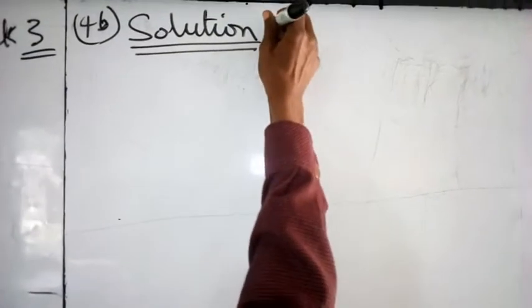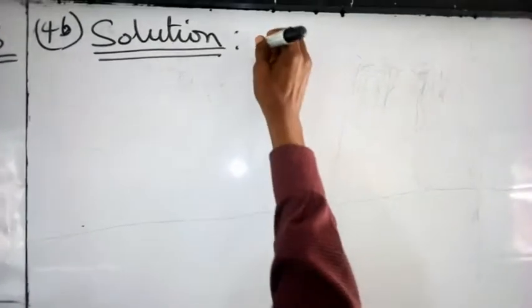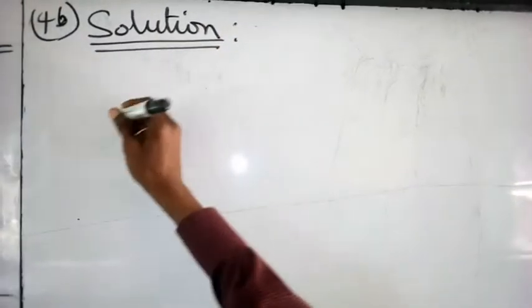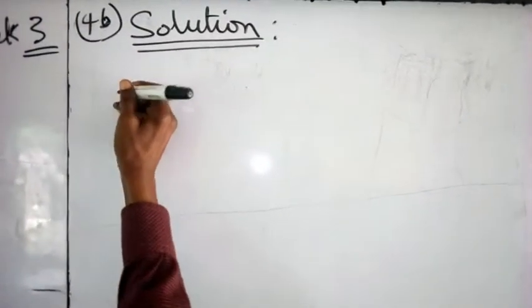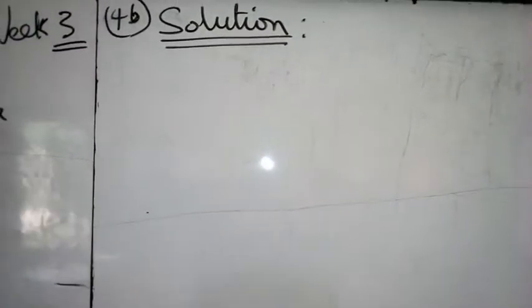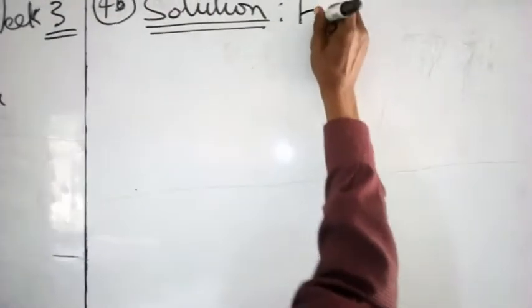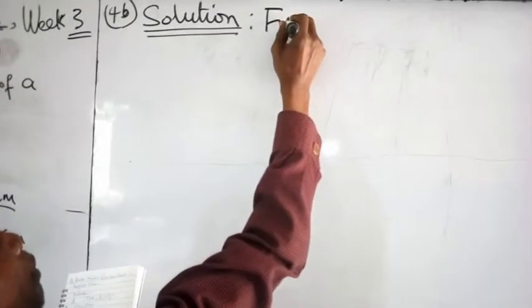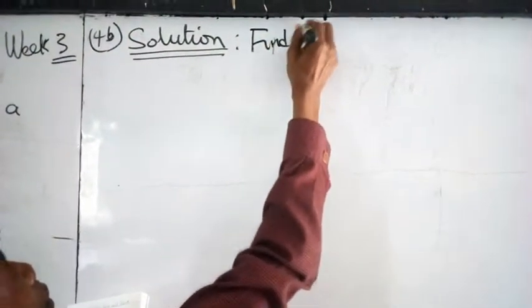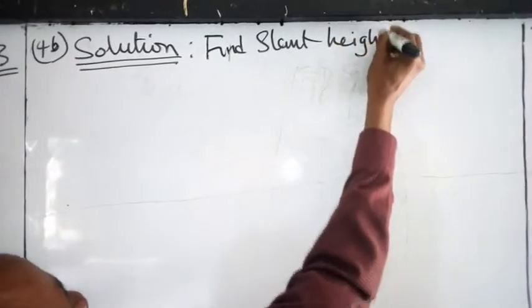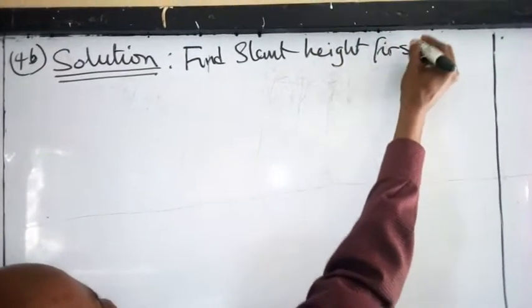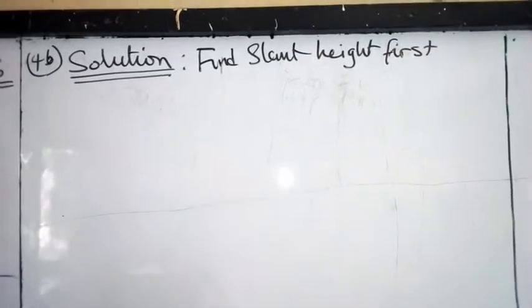So, slant height now. Find slant height first. So in finding the slant height, we look at it from this point in a very quick movement. Find slant height first.